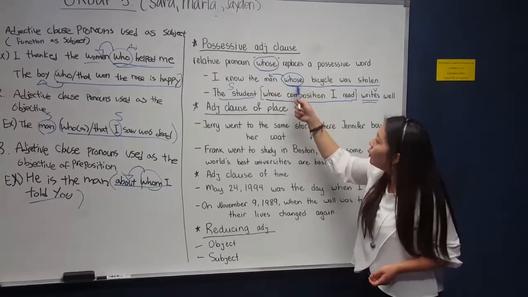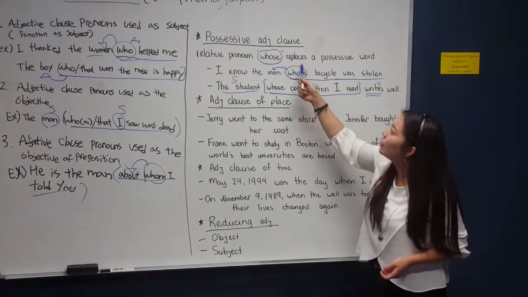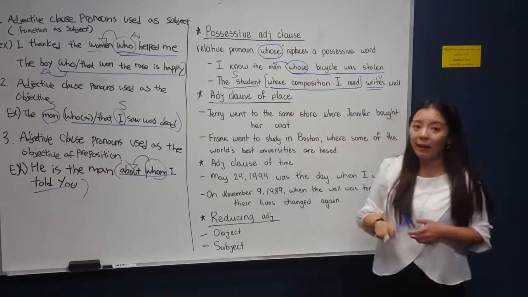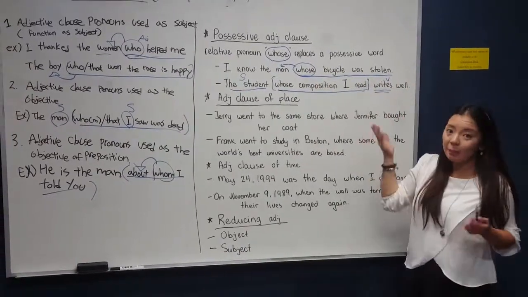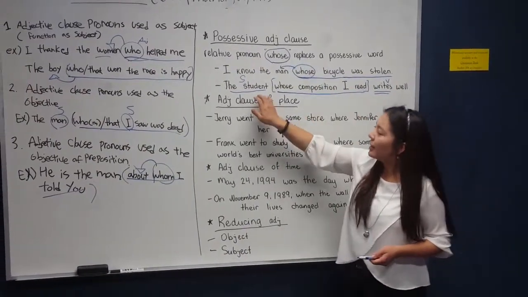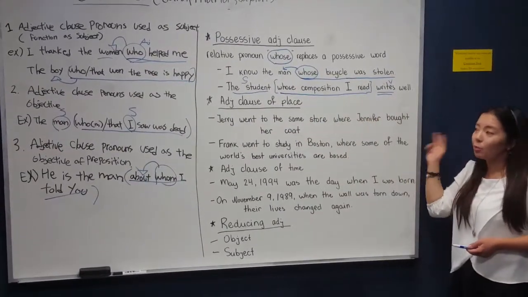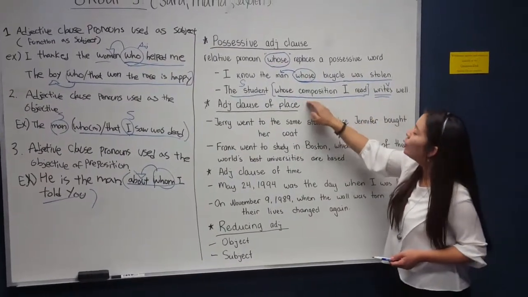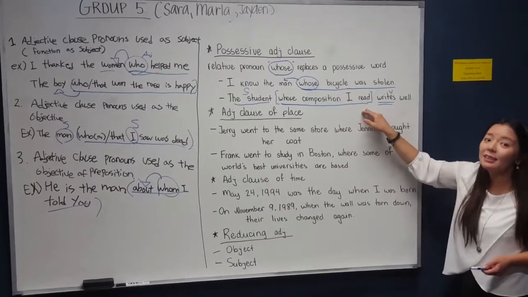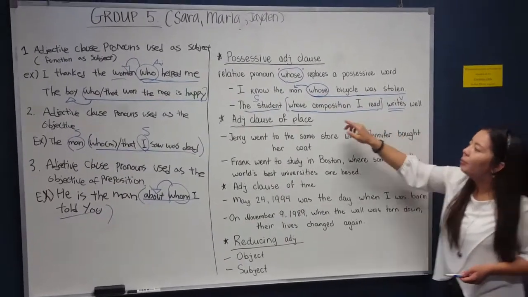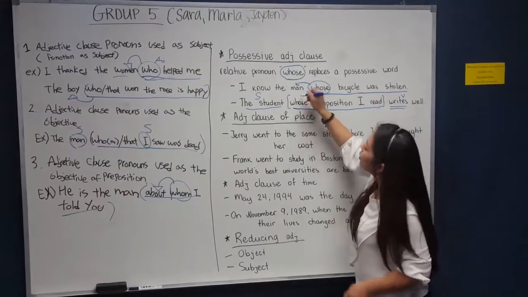Here, whose relates to the man, and "whose bicycle was stolen" is the dependent clause. The second example: "The student whose composition I read writes well." Here, "whose composition I read" is a dependent clause beginning with whose, and this whose relates to the student.